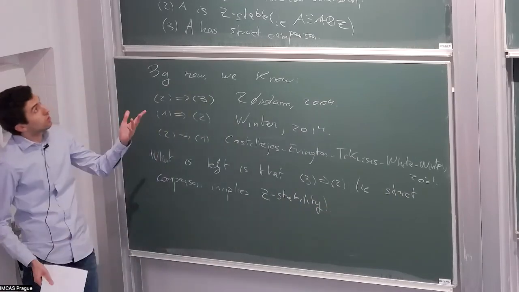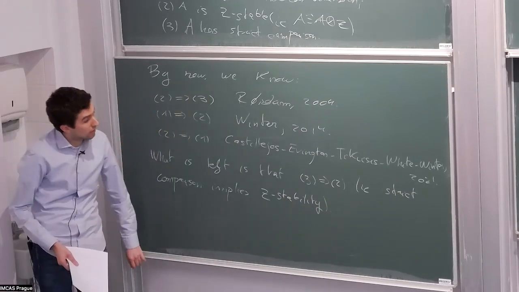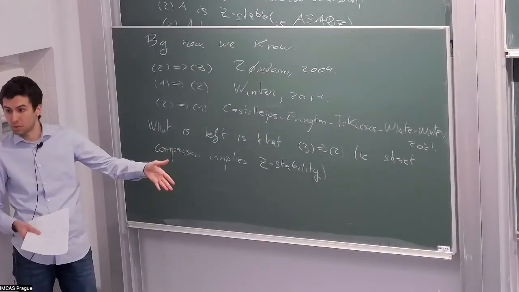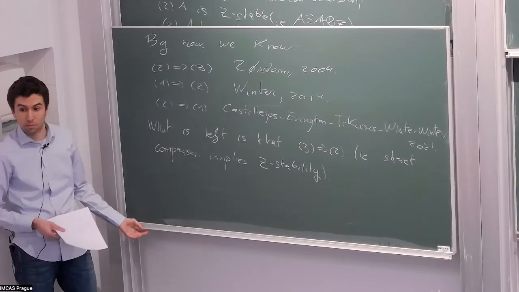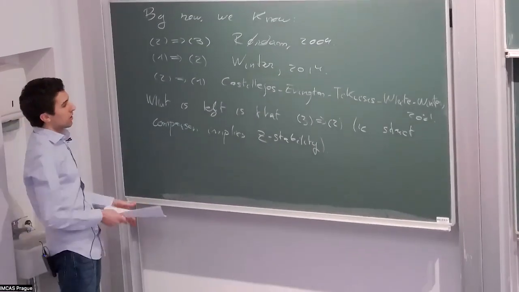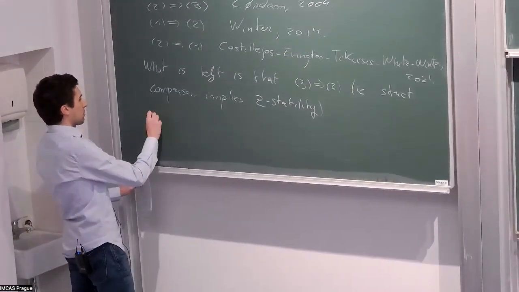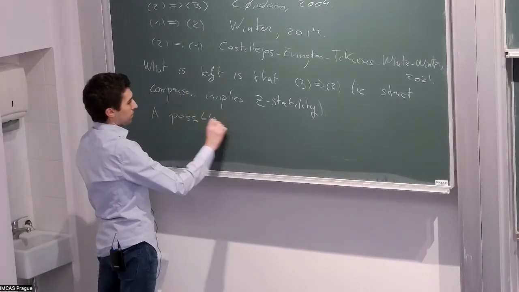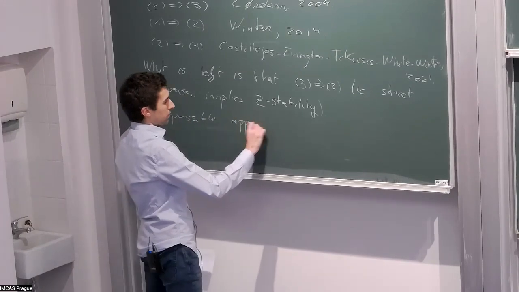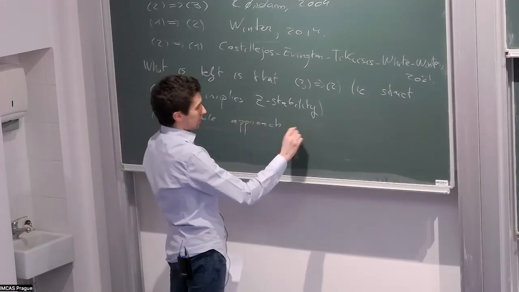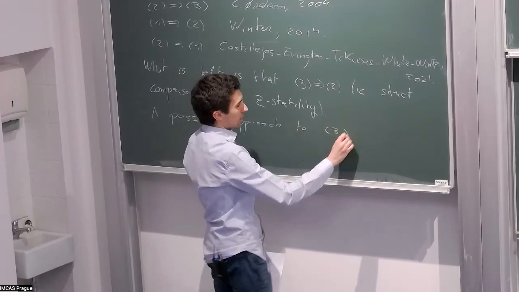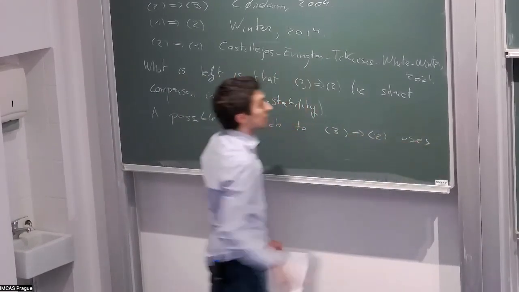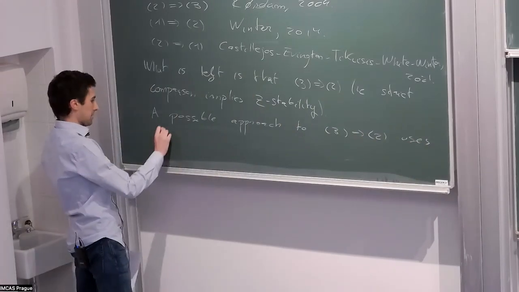And where does the rank problem appear? Well, it turns out that there is an approach to 3 implies 2 that uses the Cuntz semigroup. And that's where the rank problem is going to appear. So a possible approach, which is not the only one, to 3 implies 2, uses the Cuntz semigroup.